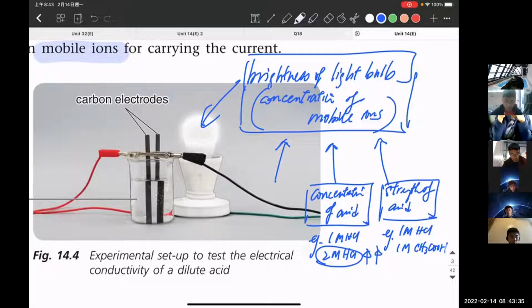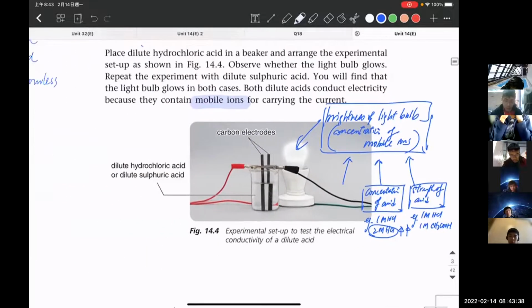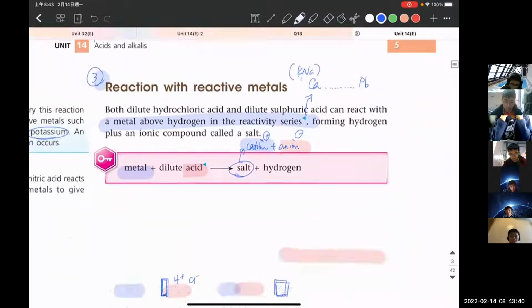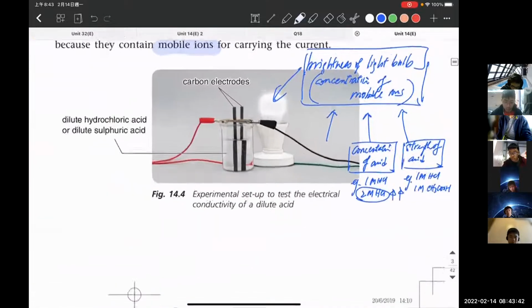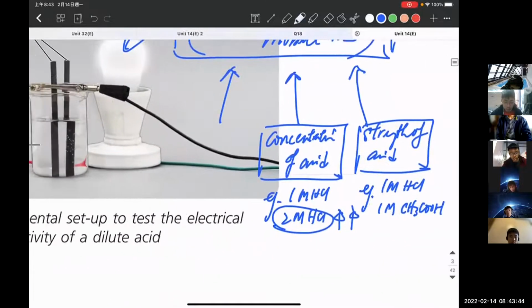Now, indeed, if you check the strength of acid, you talk about the degree of ionization. I'll give you some time to check on the web the degree of ionization of acid. Which one is a stronger acid?